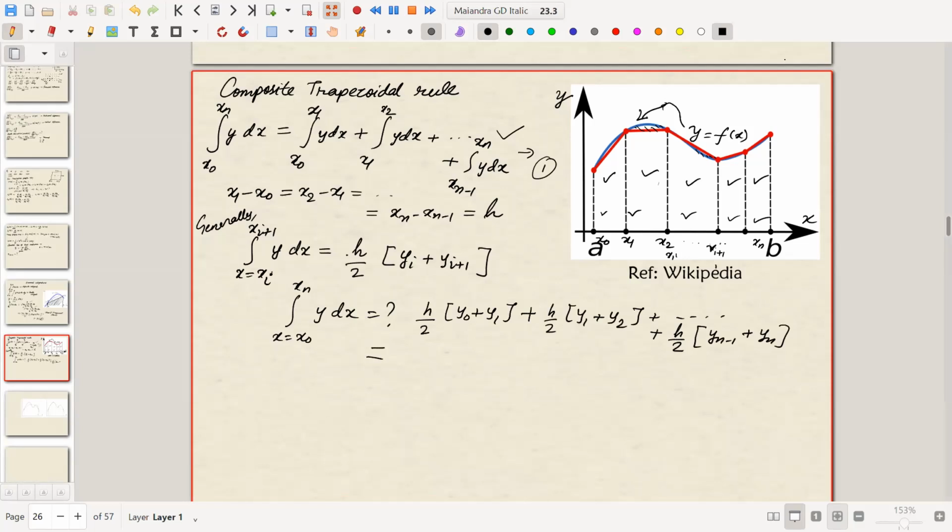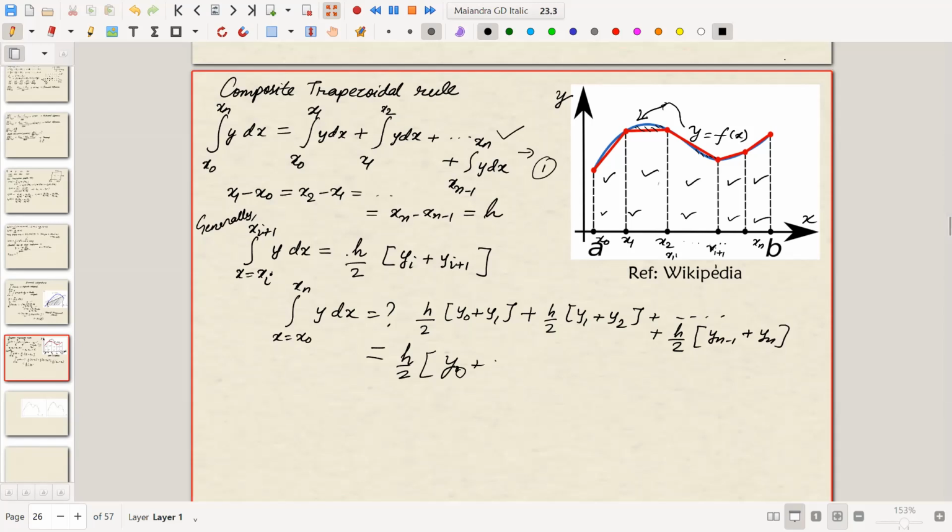Now we can't write it this way, right? We have to write it in a general way. Can anyone suggest? It will be h by 2. Summation we can write, but first let us write in a more open form, then we can generalize. y0 is not appearing anywhere else, so let us keep y0 plus y1 is appearing.